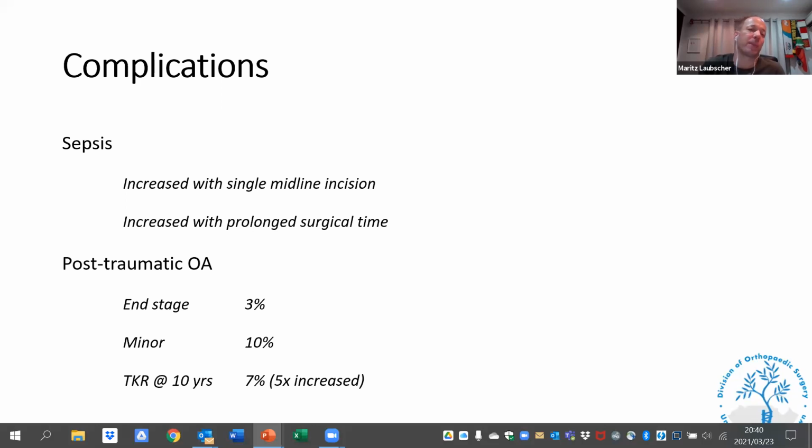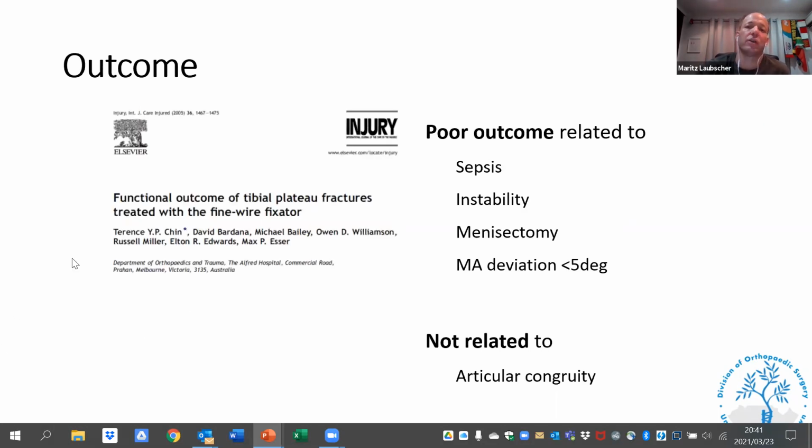The overall incidence of post-traumatic end-stage OA post-plateau fractures is quoted as 3%, minor OA 10% in the patient's lifetime, and the rate of conversion to knee replacement in 10 years at 7%, which is higher than the general population, but not that high compared to other intra-articular fractures.